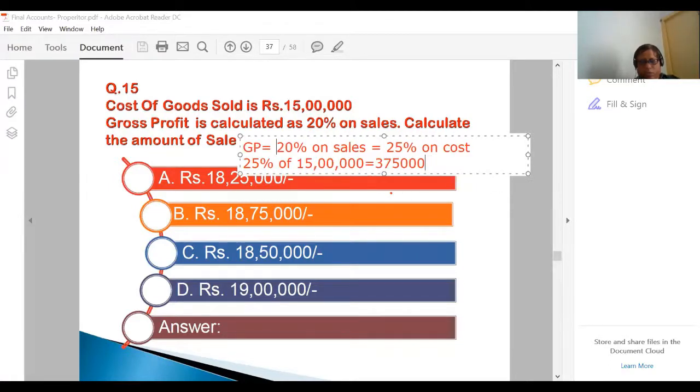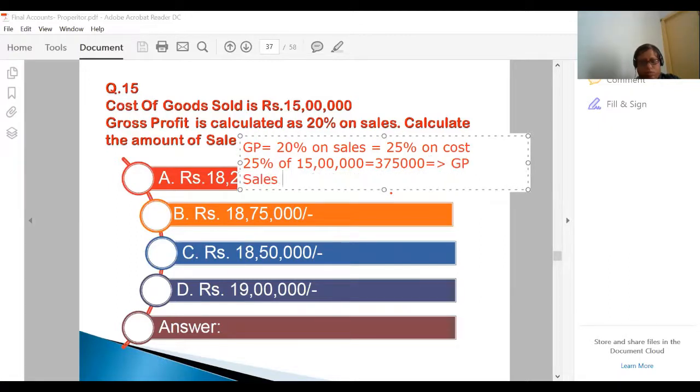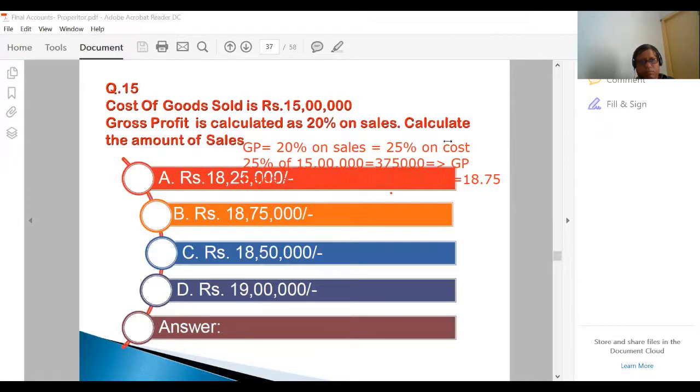Sales is equal to cost plus profit. That is 15 lakhs plus 3.75 lakhs, total 18.75 lakhs. So this is the answer. Has somebody got a doubt? Super, 3,75,000. Good going. Very good.